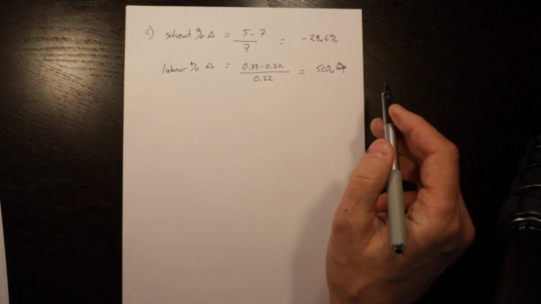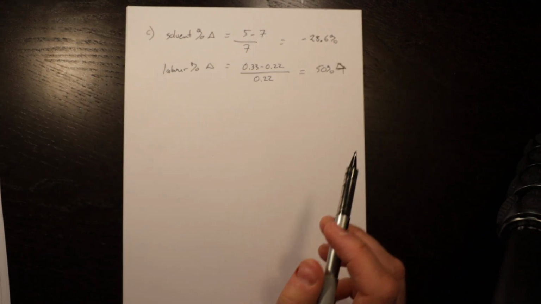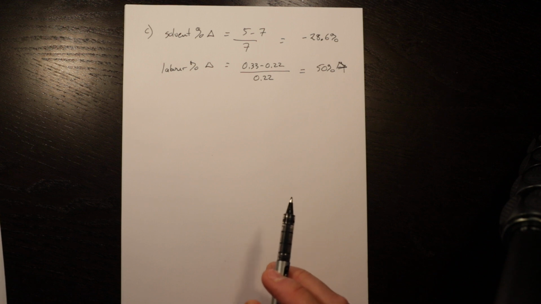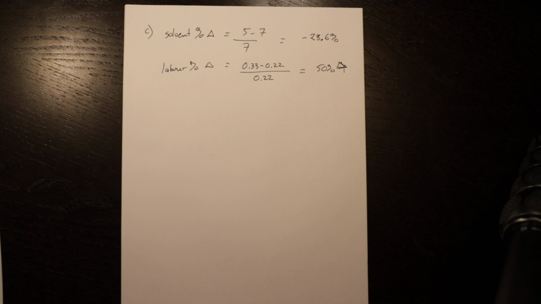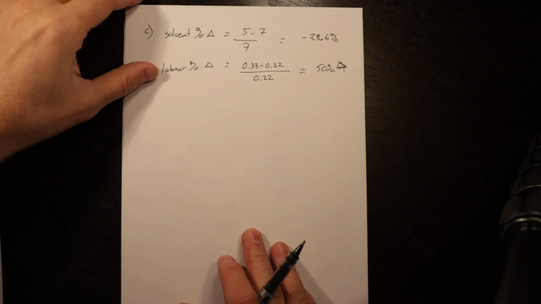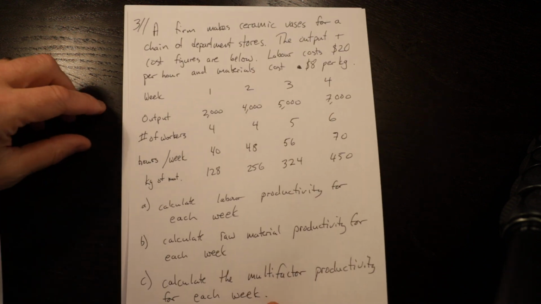So again, we can't say 50% is better than down 28.6%. We just know we've gotten more productive on labor, less productive on solvent. We can look at the relative cost if we want, but in this circumstance, maybe a multi-factor productivity calculation would be a better choice.